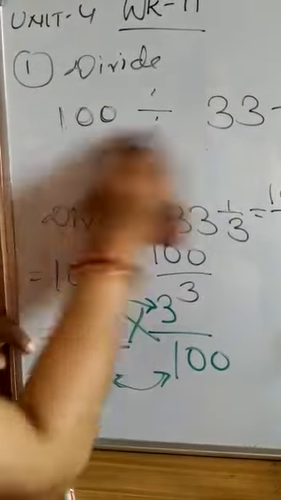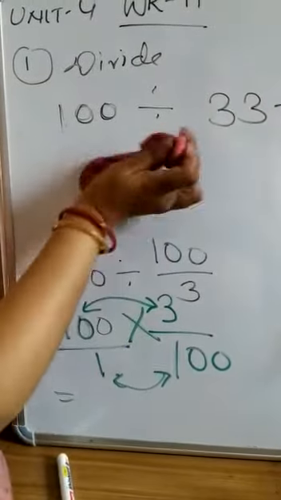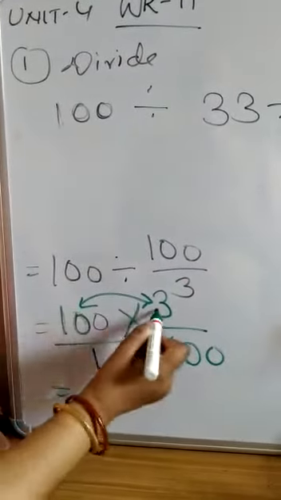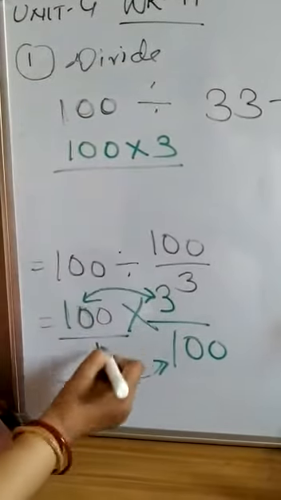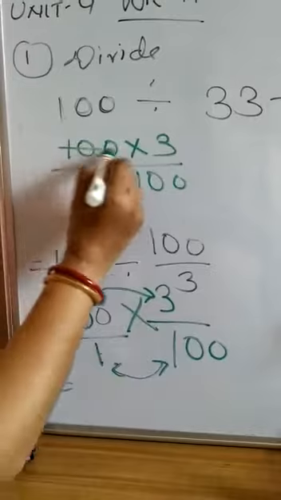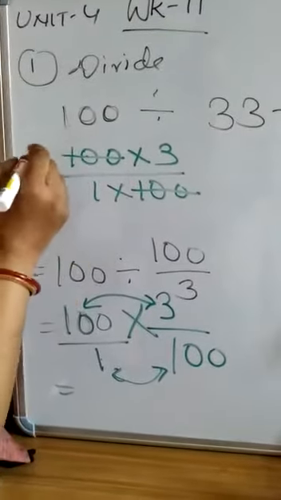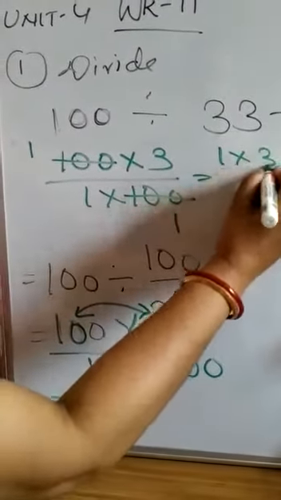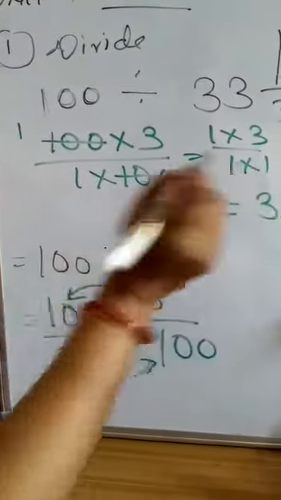Here all of you see, this 100 will be multiplied with 3 in the numerator, and the denominator is 1 into 100. This 100 and this 100 have the common factor 100. So 100 divided by 100 is 1, 100 divided by 100 is 1. So it is 1 into 3 by 1 into 1. So the answer is 3. Okay children?